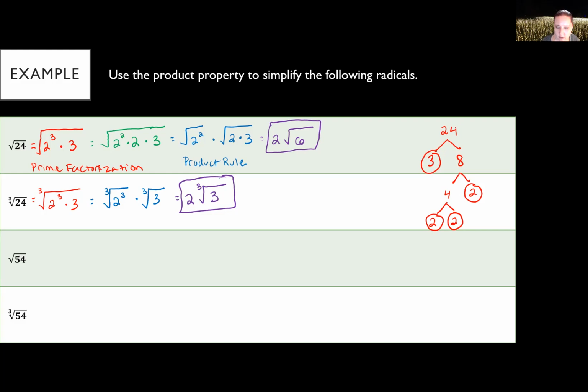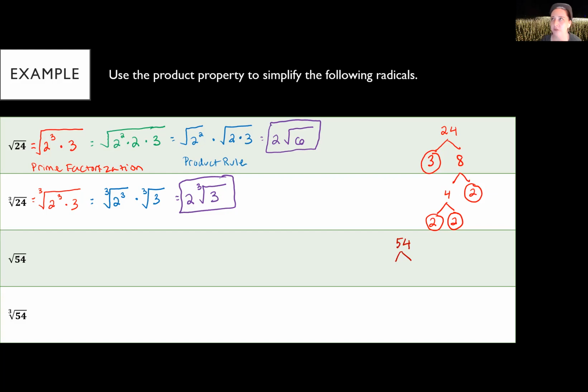So let's look at 54. We've got the square root of 54 and then the cubed root of 54. So we need to do our prime factorization of 54. So I'm just looking at the time and I think I might be running a little behind where I wanted to, so I will just do this one.